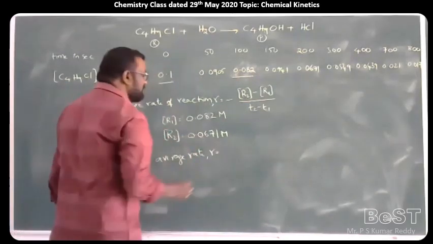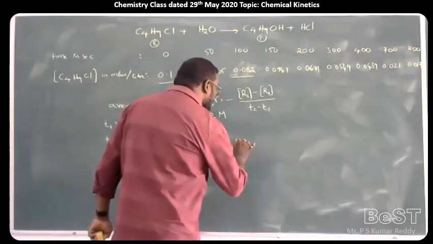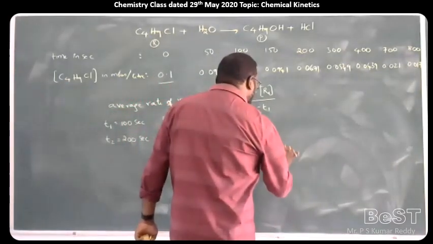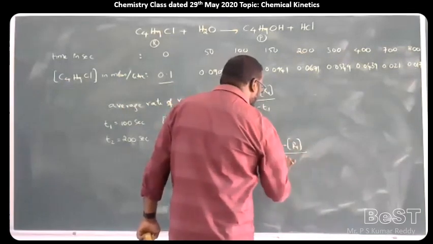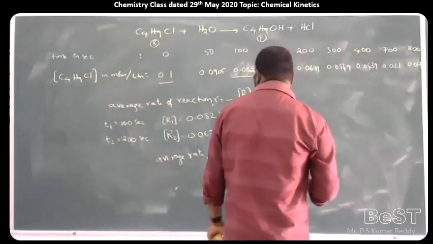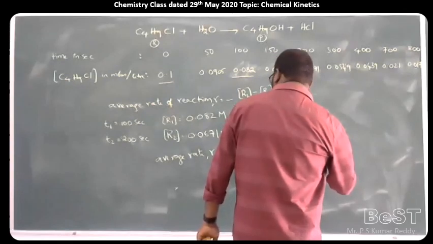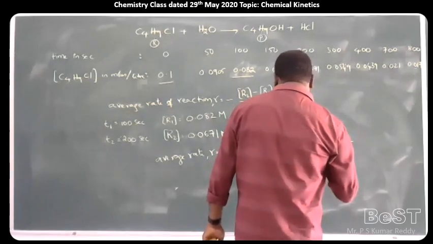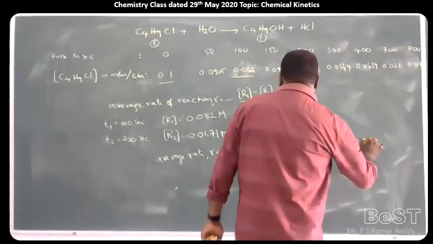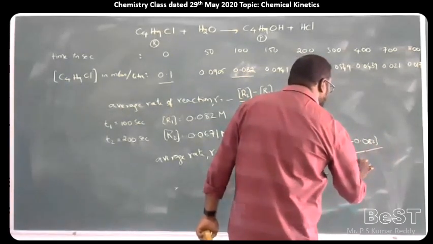So the average rate R is equal to minus delta R by delta T, that is minus (R2 minus R1) by (T2 minus T1). That is equal to minus (0.0671 minus 0.082) by (200 minus 100).